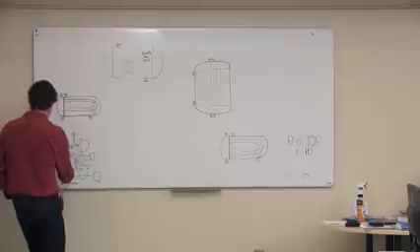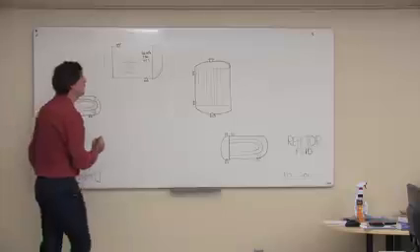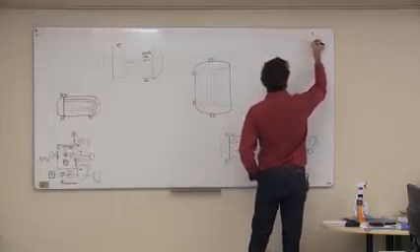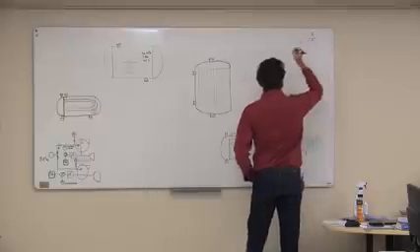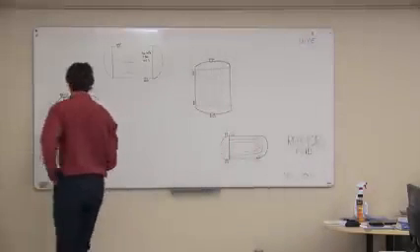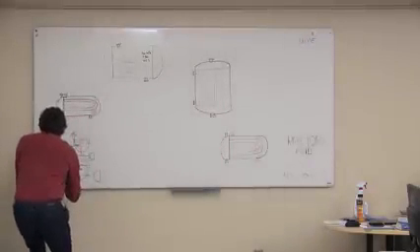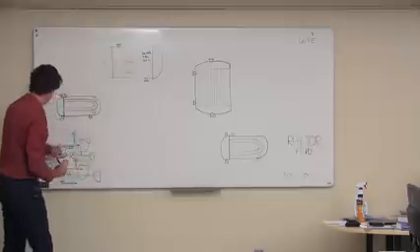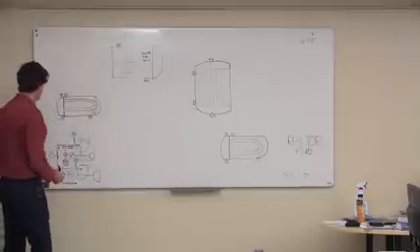And if you want to Google what a Y strainer is, you spell it like this. So put yourself a little Y strainer in your pumps. That will save you from destroying your pumps. And put a little valve on the Y strainer because you need to be able to drain the Y strainer.